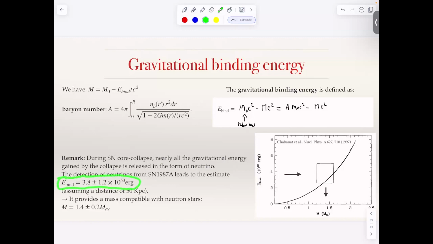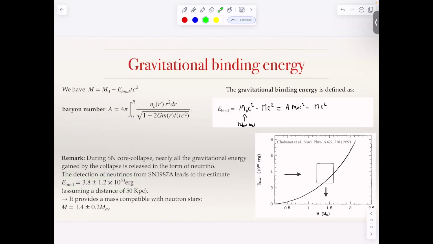This quantity is in erg, so this is CGS units; it's 10 to the minus 7 joules in the international system. The binding energy extracted from this observation was of the order of 4 times 10 to the 53 ergs.